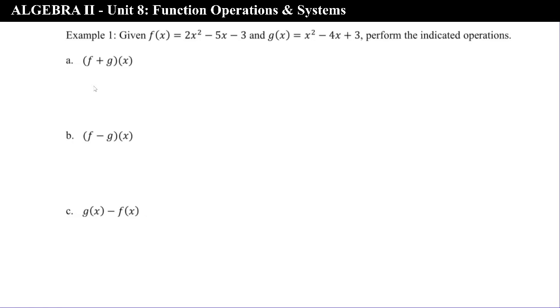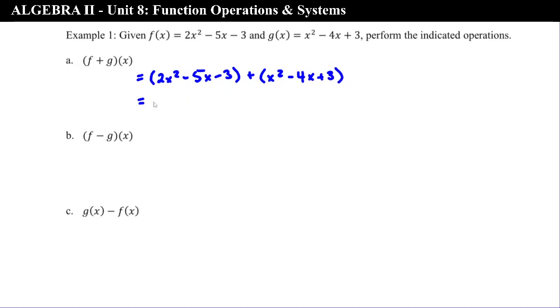Well, we know f plus g of x is f of x plus g of x. So all we have to do is take f of x, which is 2x squared minus 5x minus 3, and g of x, which is x squared minus 4x plus 3, and we add these two things together.